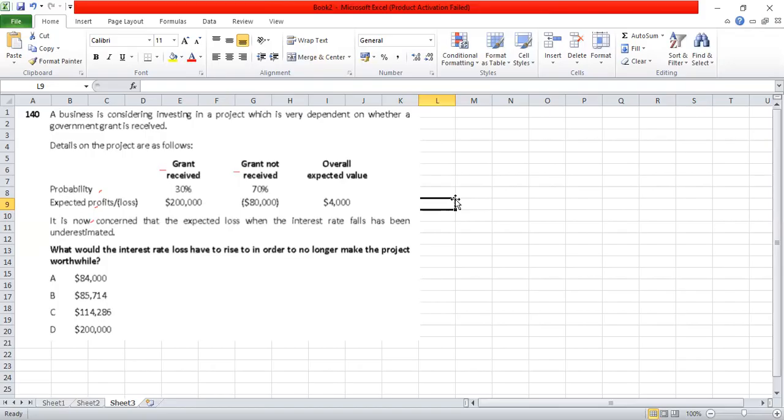It is now concerned that the expected loss when the interest rate falls has been underestimated. What would the interest rate loss have to rise to in order for the project to no longer be worthwhile? So how do we answer such a question?